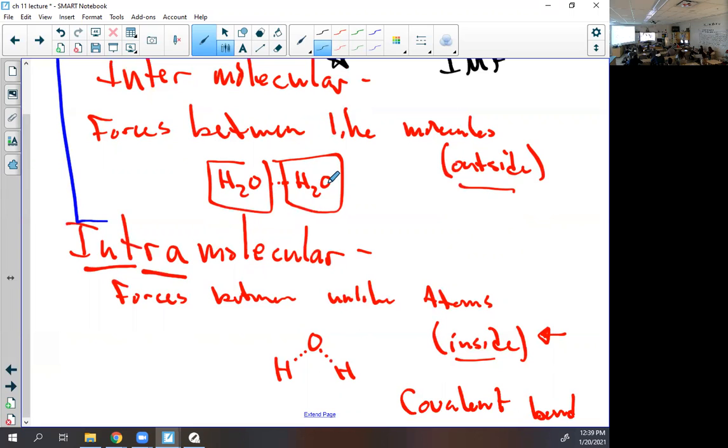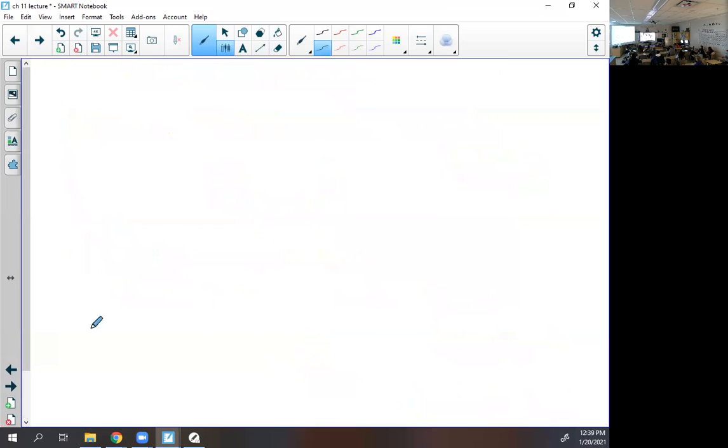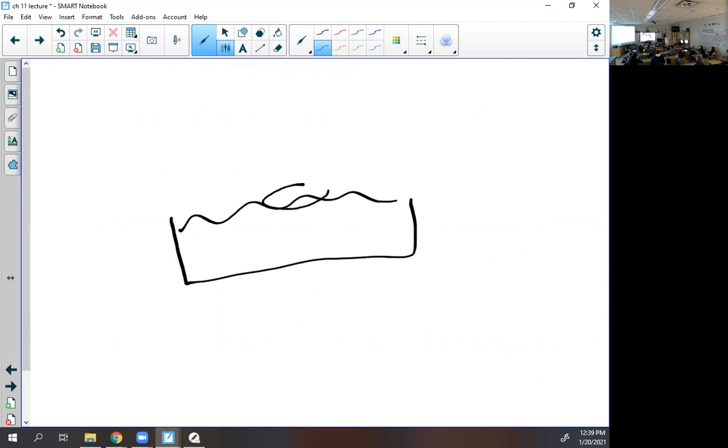We don't do much calculations. We're going to describe what they are and then how they affect the things that we know. So, for instance, you learned forever ago in some class probably that you could float a paper clip on water.